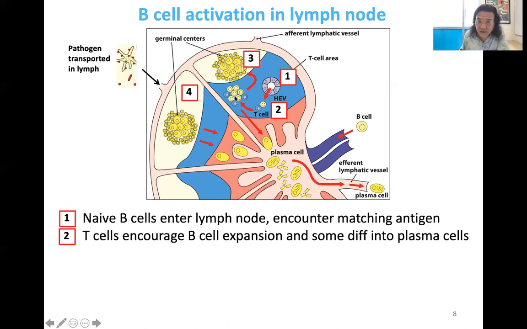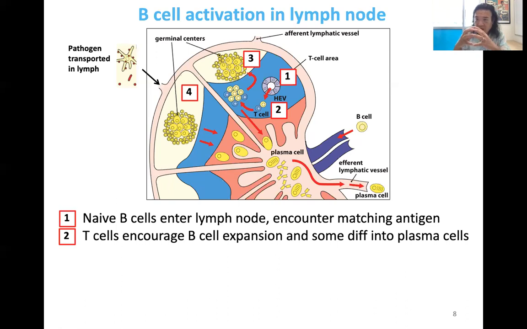Some of these other B cell clones are encouraged by the T cells to go up into the primary follicle area again, where they start forming these special clusters of B cells known as germinal centers. And what do you think is happening in these germinal centers? This is where hypermutation of the immunoglobulins is taking place, right?